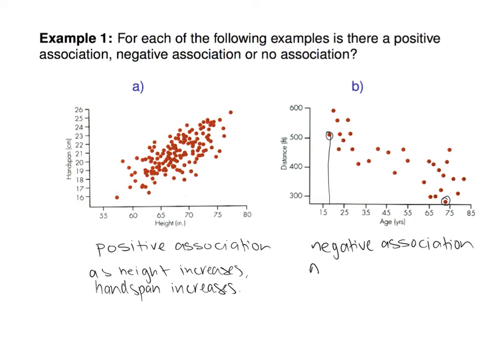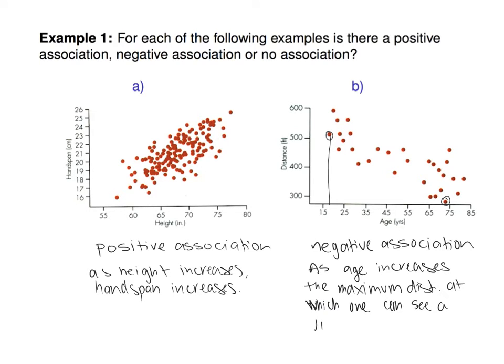And you see that as age increases, the maximum distance at which one can see a sign decreases. So as age goes up, distance goes down.